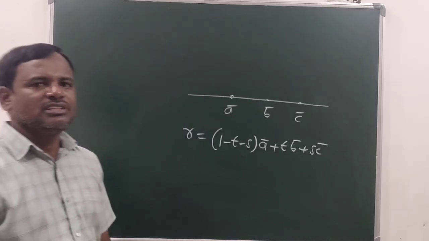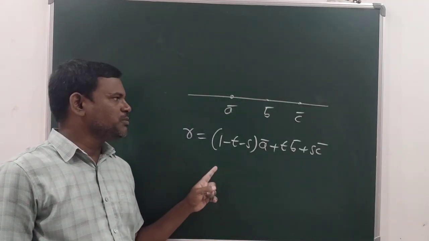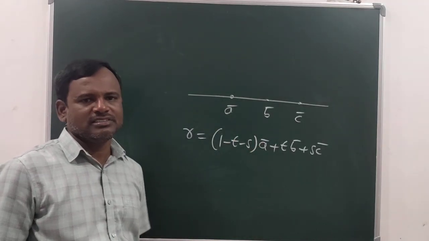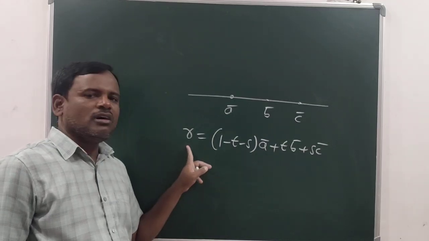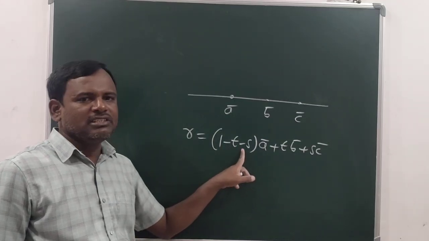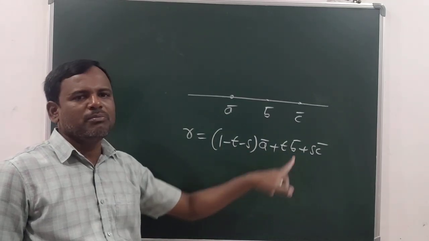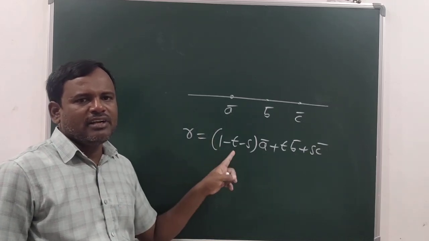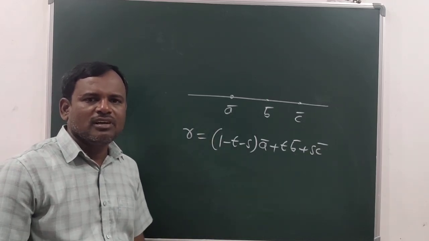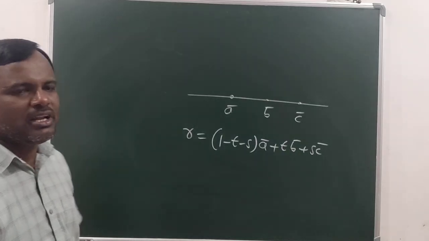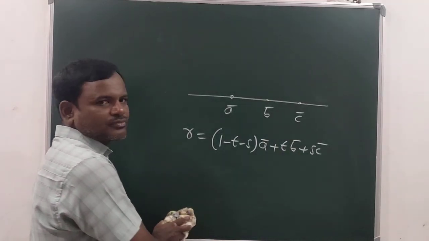Okay students, this is the equation of a vector which passes through vectors A, B, C, where T and S are scalars which belong to the real numbers.